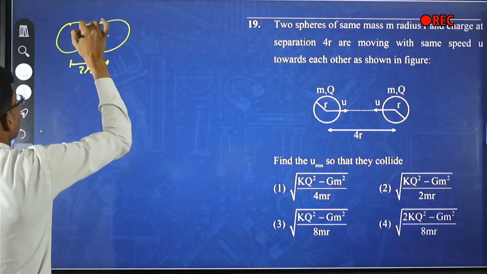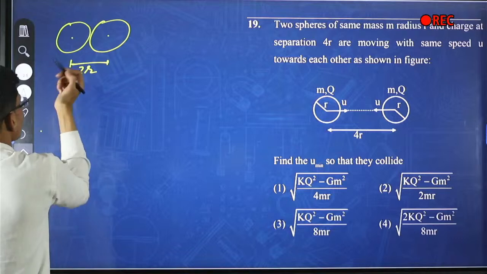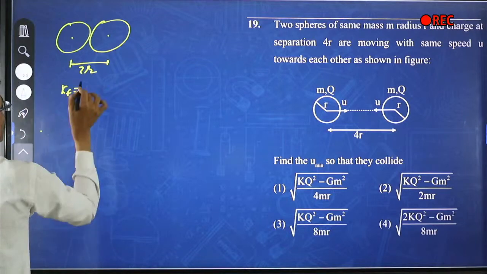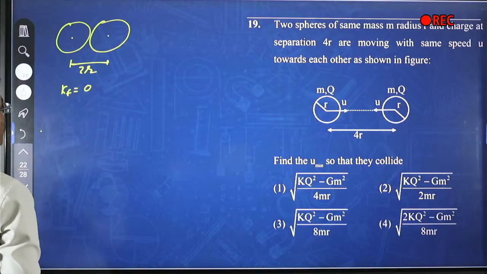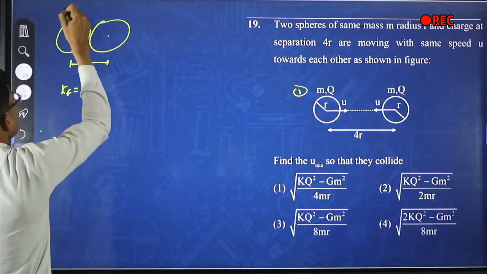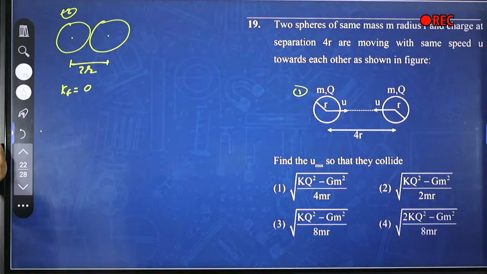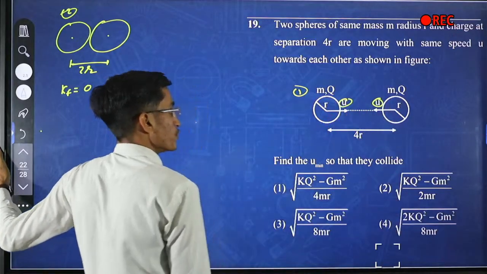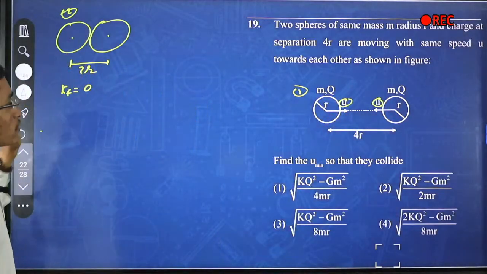And when they have collided, the velocity of both will be 0, so the final kinetic energy will become 0. From this condition to this condition, we have to find u minimum, that is, the value of u so that they both collide.